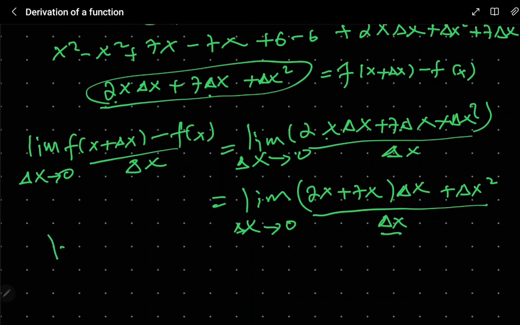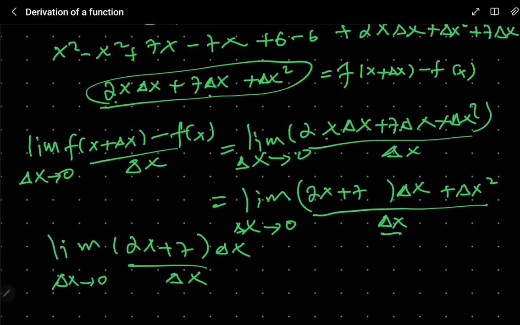So you can do the limit of 2x plus 7 over change in x times change in x, as change in x goes to 0, plus the limit of change in x squared over change in x as the change in x goes to 0.